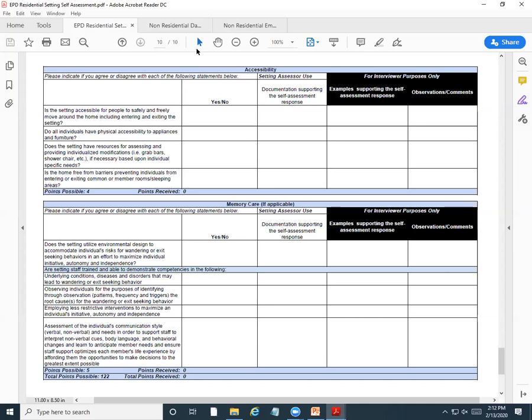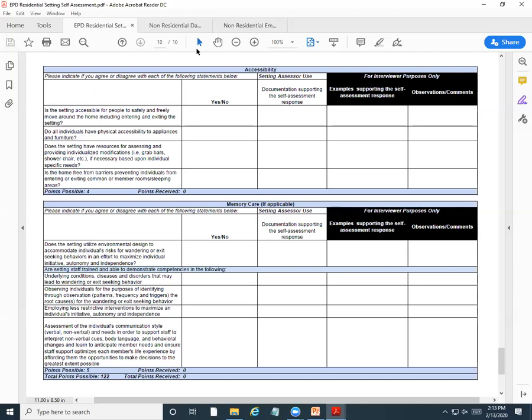And the last four are specific to staff training and having staff demonstrate their competencies in these areas. Understanding underlying conditions, diseases, and disorders that may lead to that wandering or exit-seeking behavior. I am no expert, but I have heard for some of these memory care members, they can't vocalize when they have an infection or pain or something that may not be visible to the eye, but it would result in some of those behaviors around exit-seeking.